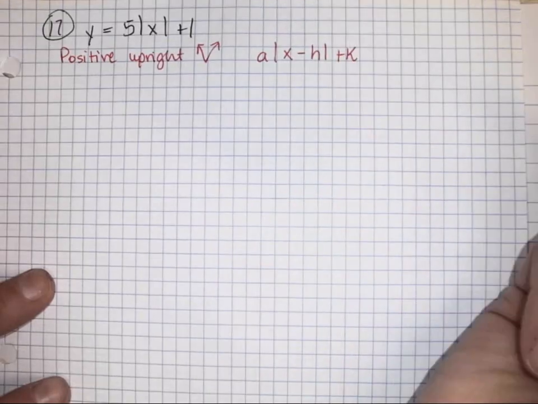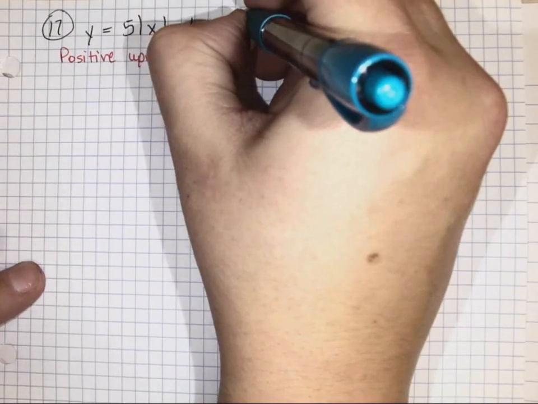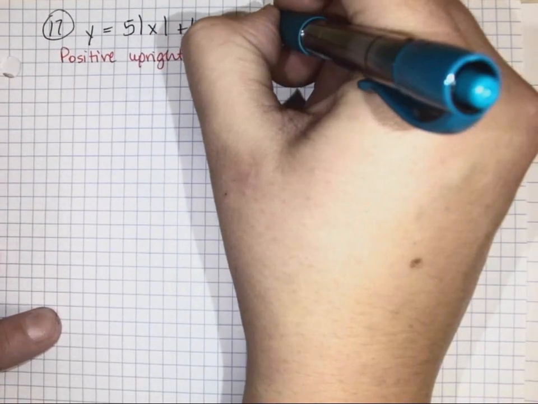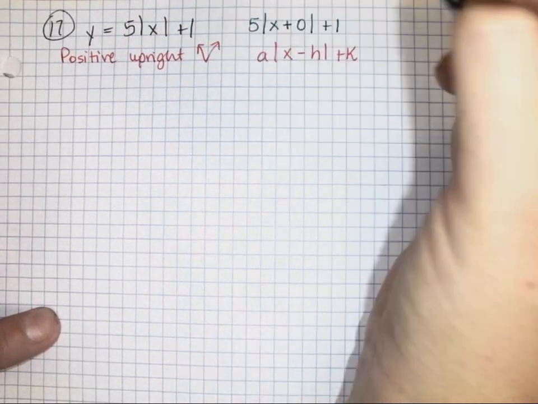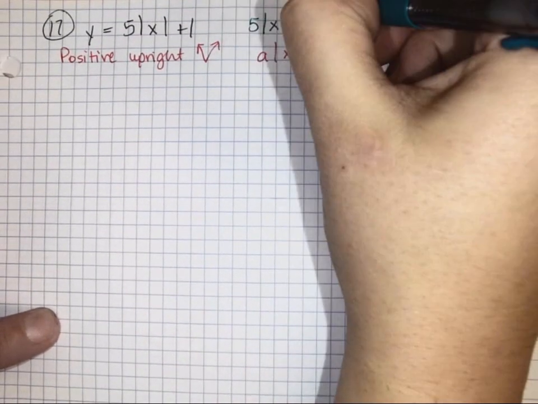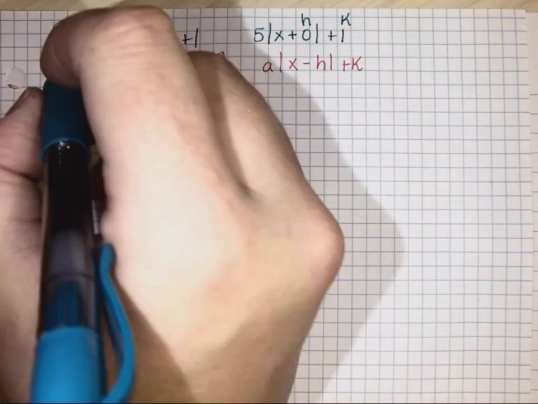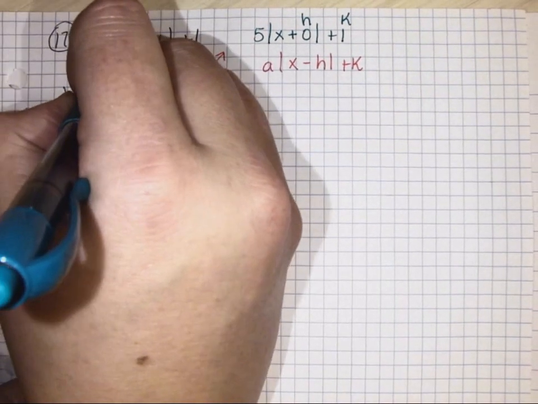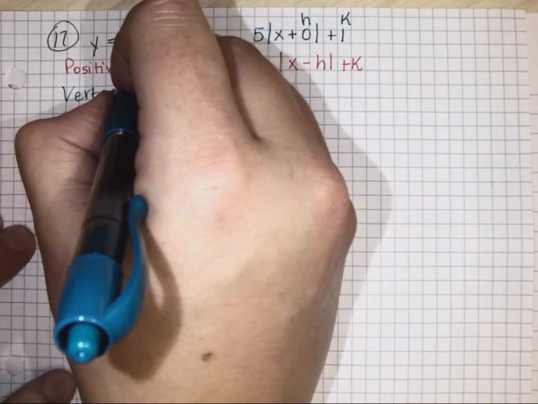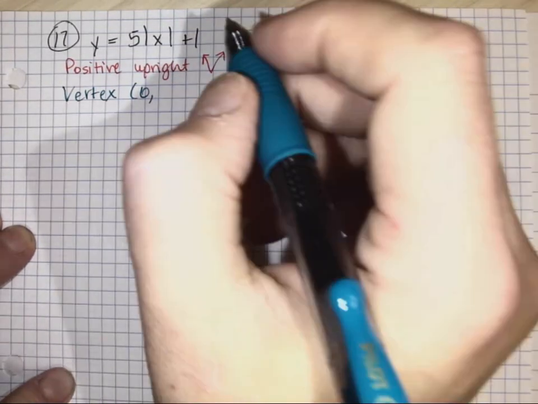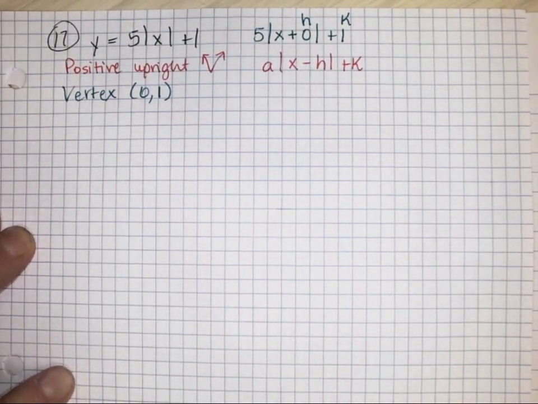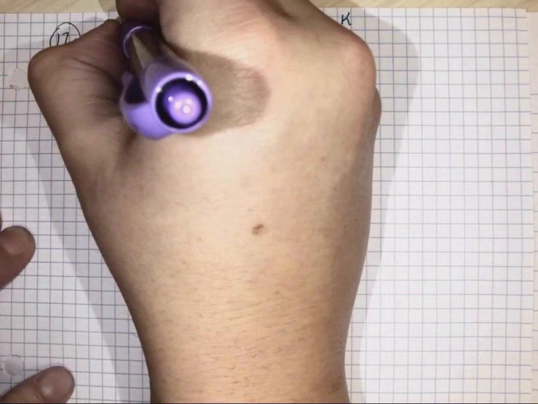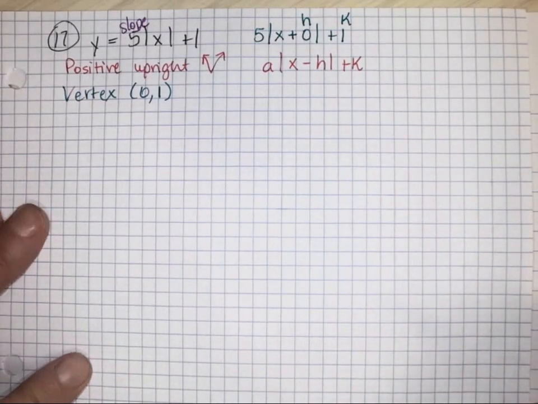So my vertex, notice that if I had 5 times the absolute value of x plus 0, plus 1, this would be h and that would be k. So my vertex is (0, 1). And your slope is 5.